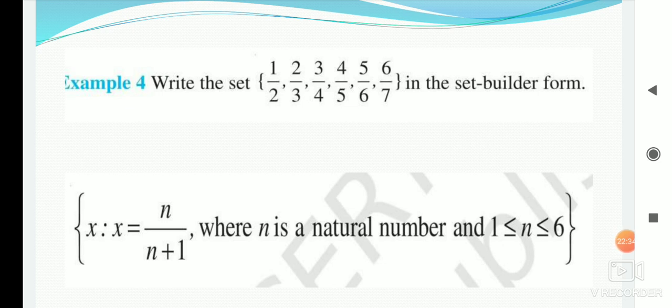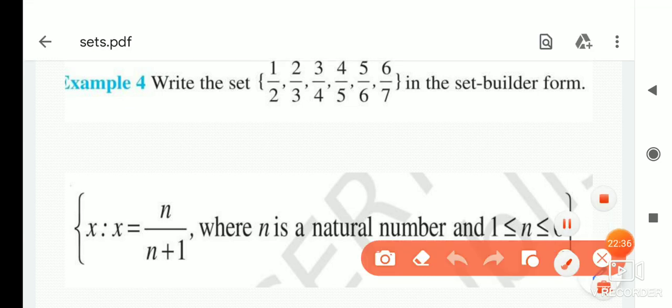So you have to observe two properties here: that the numerator is less than the denominator by 1, or the denominator is greater than the numerator by 1. This property you can use in equation form, x equal to n divided by n plus 1.